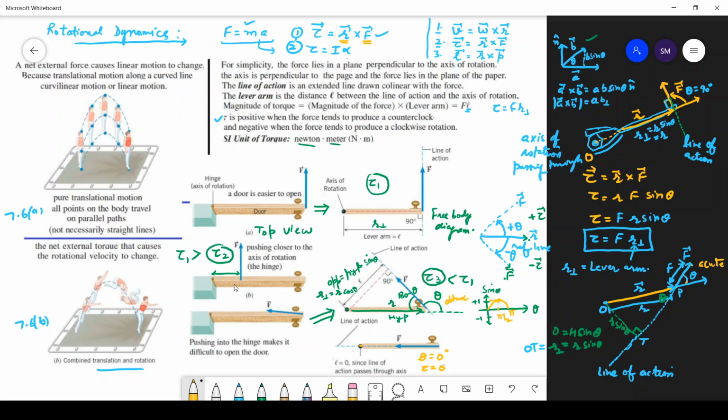And if you apply the force near the axis of rotation, you will see that it is difficult to move the door. And then you apply the force along the direction of the axis of rotation.